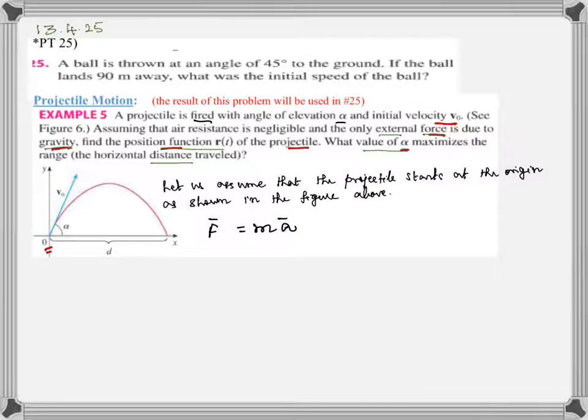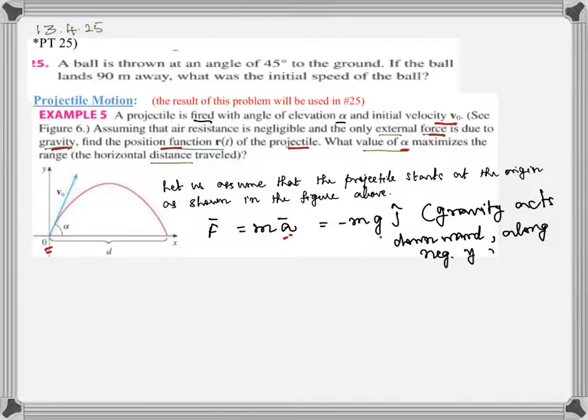So we write that as m times g times negative j, because the acceleration due to gravity is g times negative j. The reason is gravity is acting downward. Downward means it's the negative y-axis. So the unit vector along the negative y-axis can be taken as negative j. So that's why it's negative mgj.